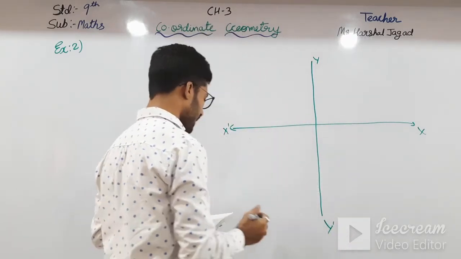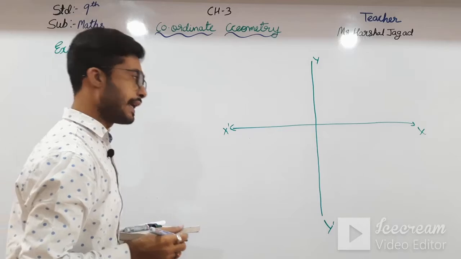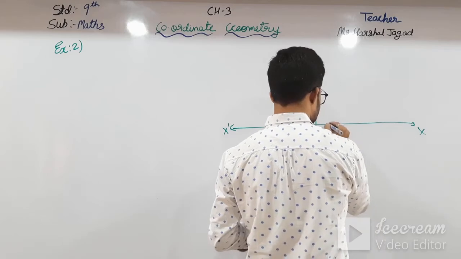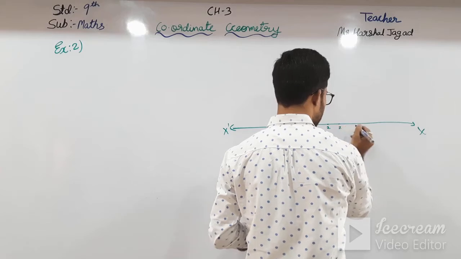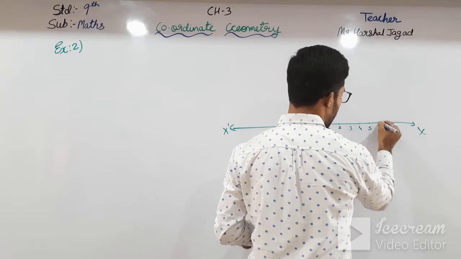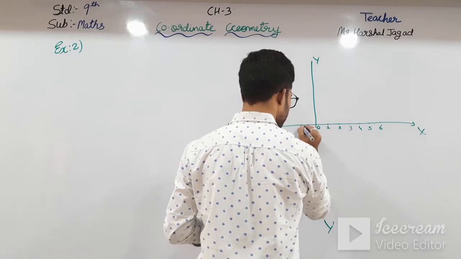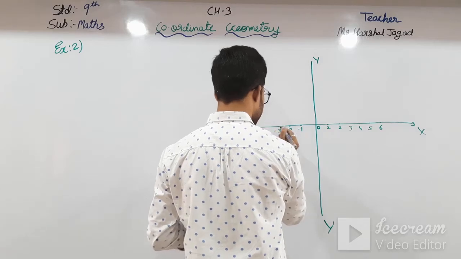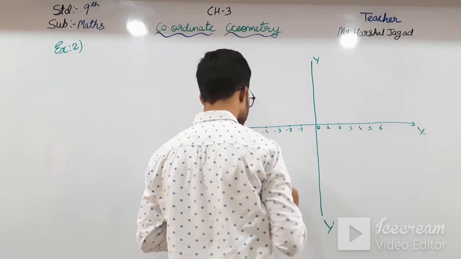Why, students? Because where there is y prime there will be a negative sign, and in the x prime there will be a negative sign. Let us first of all put the points. 2, 3, 4, 5, 6. Here -1, -2, -3, -4, -5.